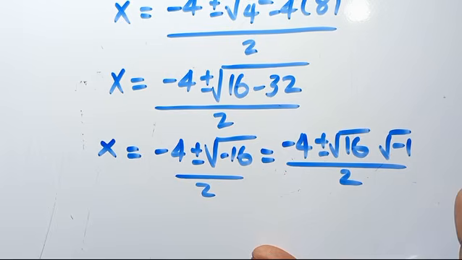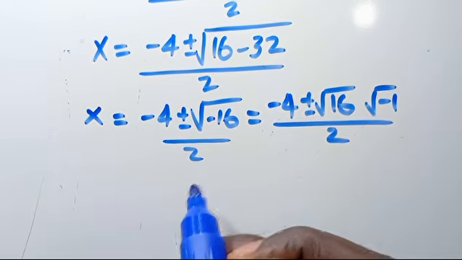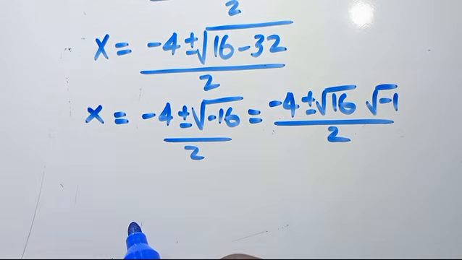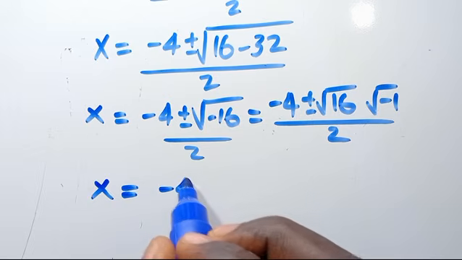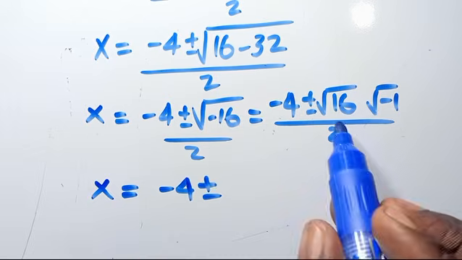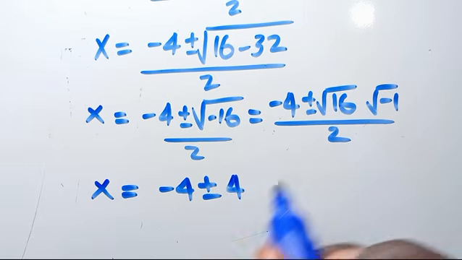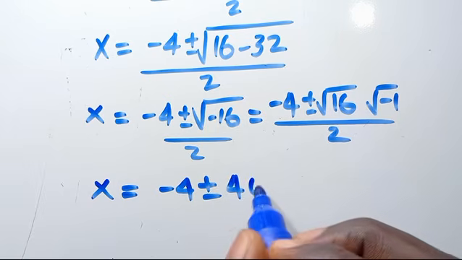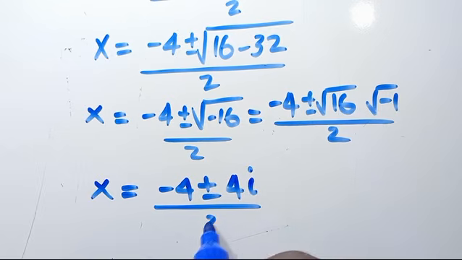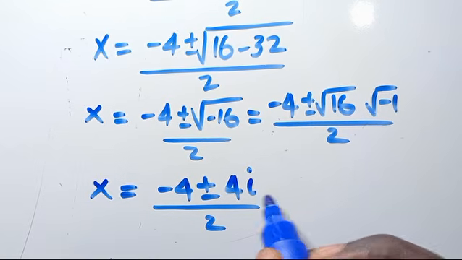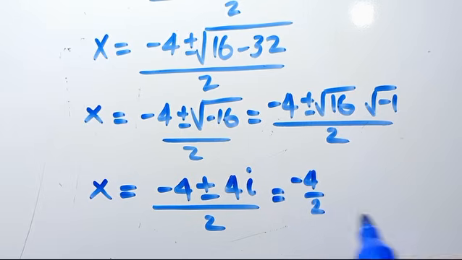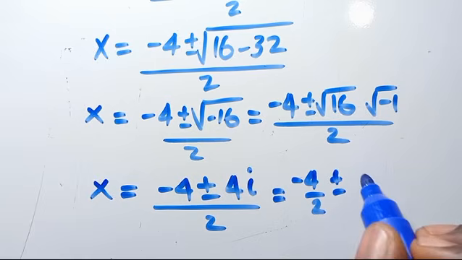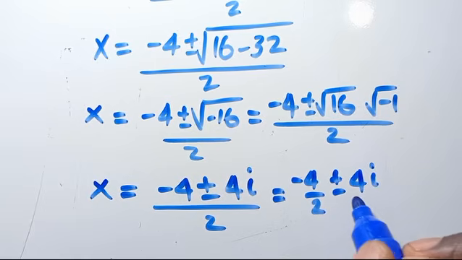Now, from here our x is minus 4, positive or negative, root 16 is 4, root of minus 1 is i, over 2. Now, dividing through by 2, we have minus 4 over 2, positive or negative, 4i over 2.